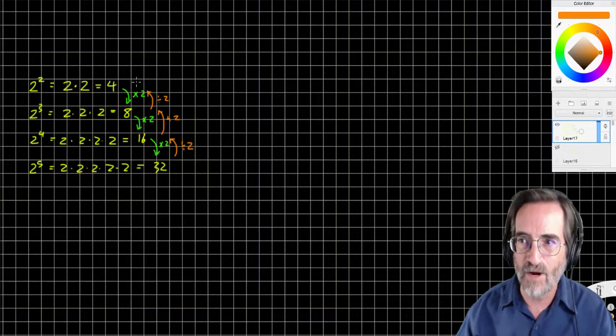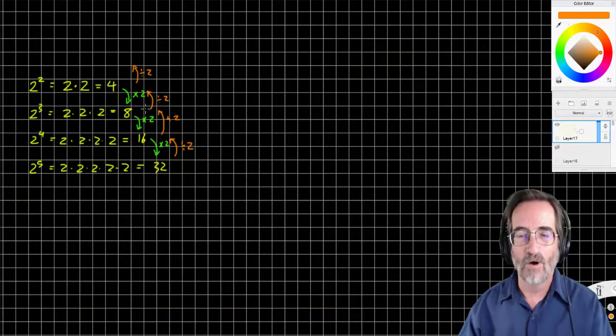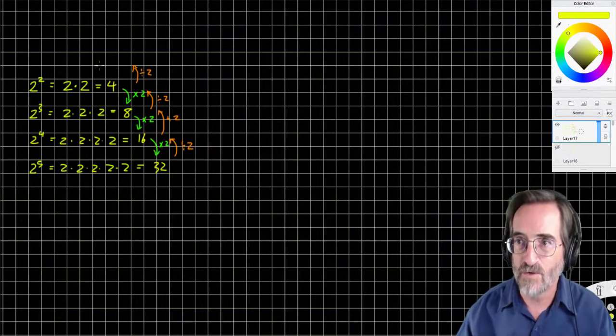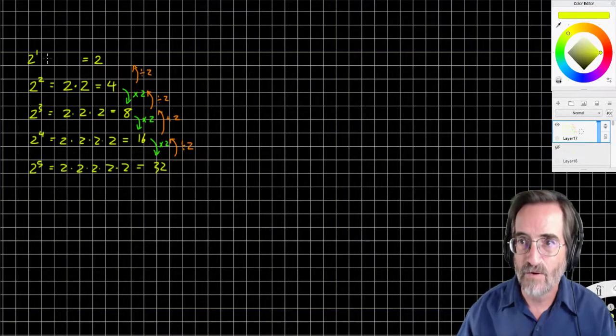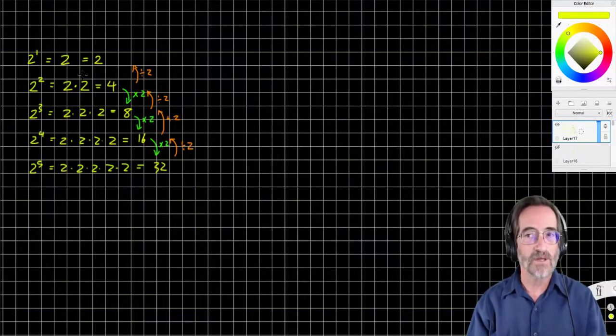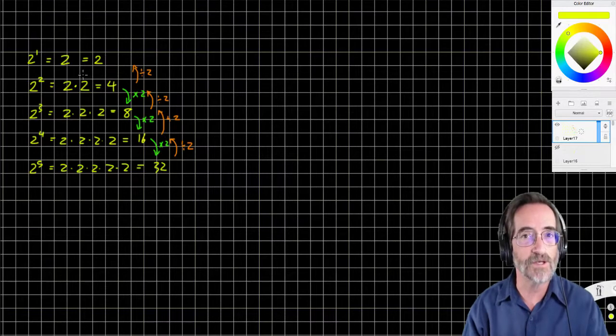What is 4 divided by 2? Hopefully you've got the idea that 4 divided by 2 is 2. And lo and behold, 2 to the first power is 2. And notice how many times the base appears. It doesn't get multiplied by itself at all. It just is itself.